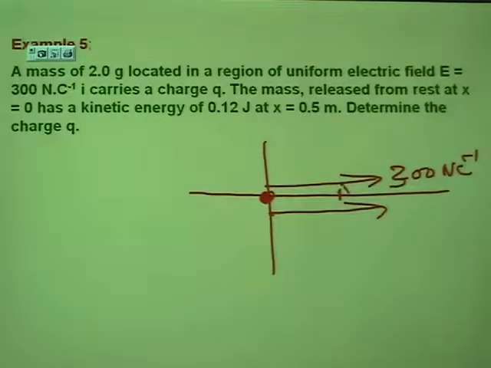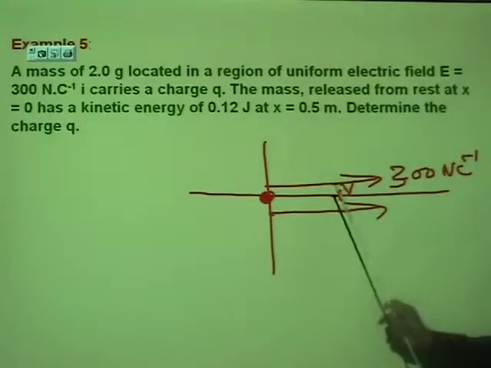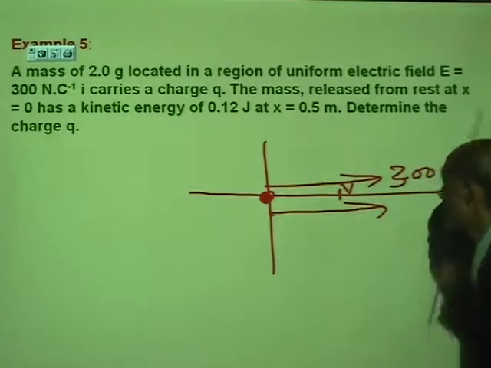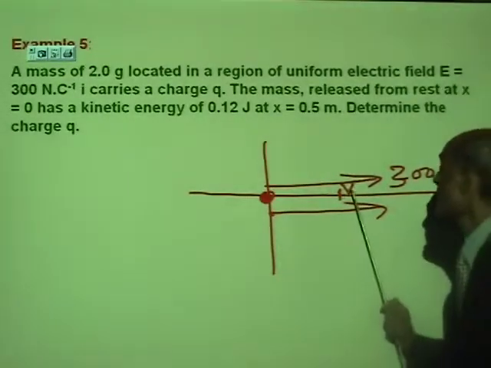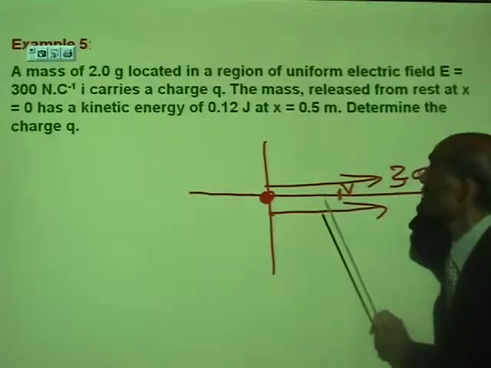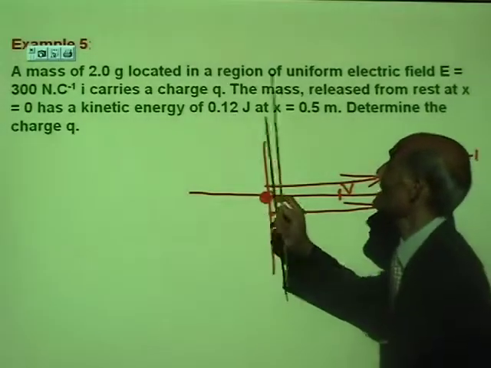It means it acquired a speed. That means the object is traveling in the direction of the electric field. When it came here, it has a certain speed because it has a kinetic energy.